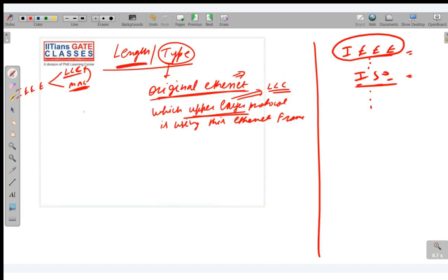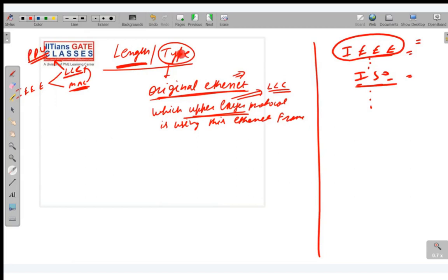The claim was that whenever any company uses IEEE standardized LANs, LLC will use only one protocol, called PDU or Protocol Data Unit. I told you why IEEE started this project: so that different LANs can be interconnected, so their protocol must be the same. So at LLC every LAN should use one protocol, the PDU.